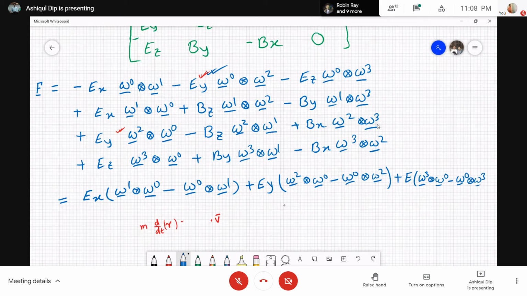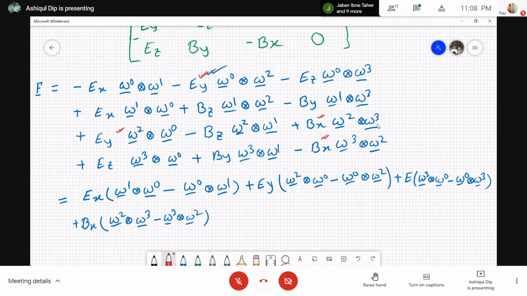Then plus Bx: omega 2 times omega 3 minus omega 3 times omega 2. This term and this term.